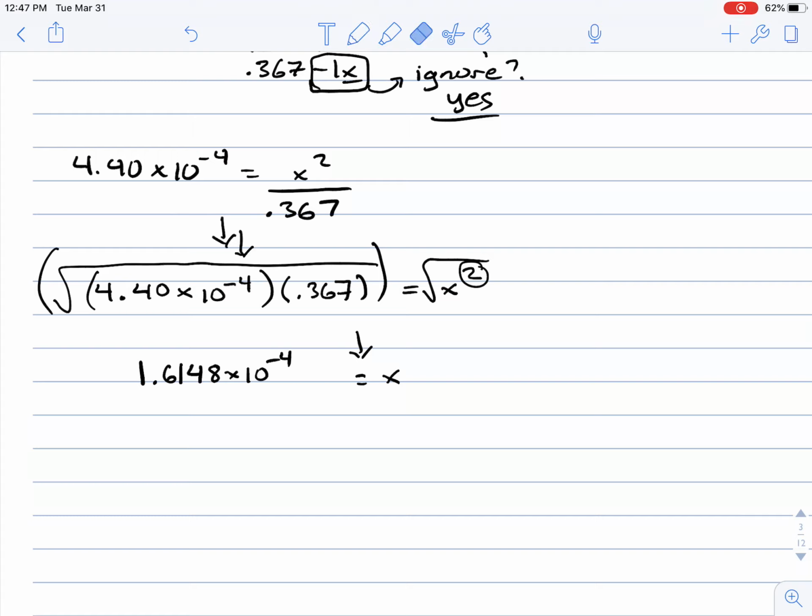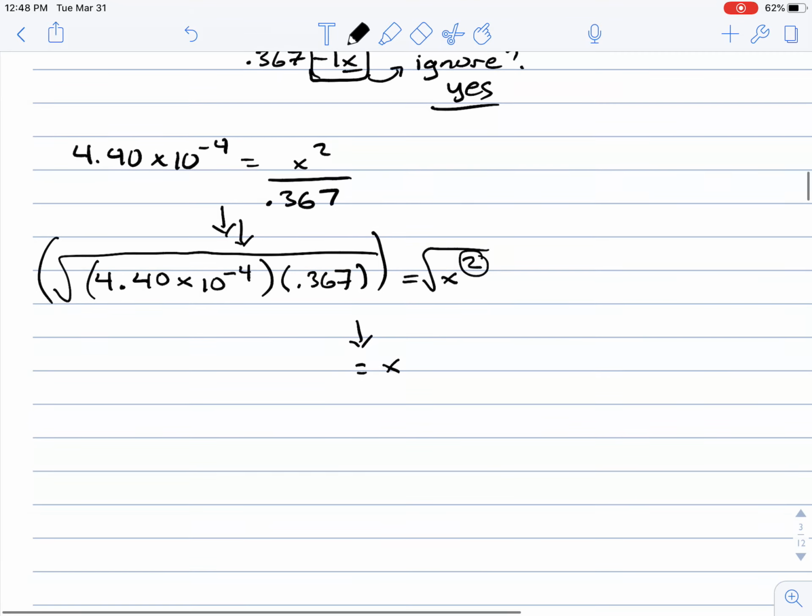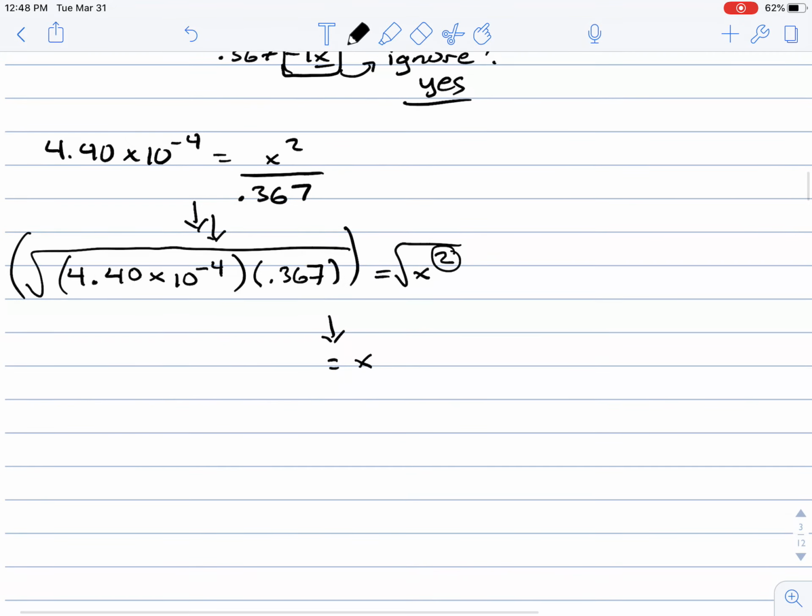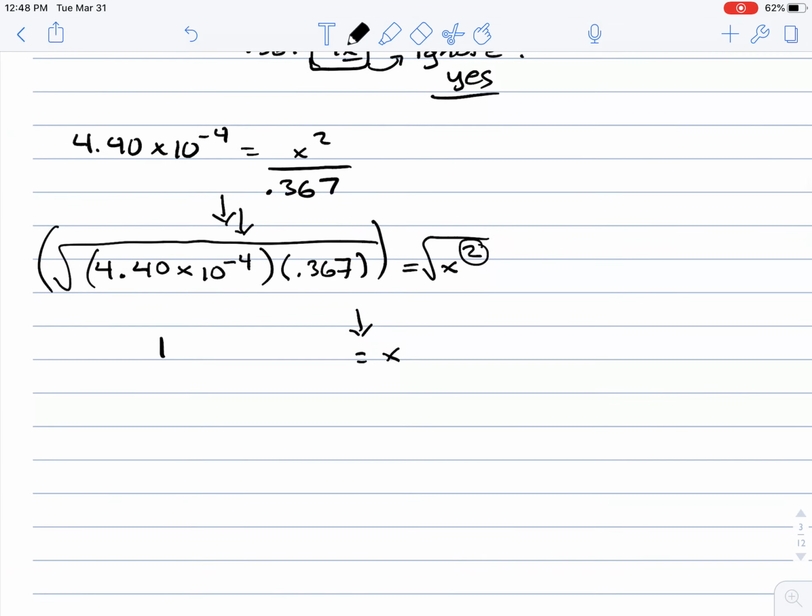Oh, I'm sorry. Wrong number. So that's going to be 1.27 times 10 to the negative 2. That previous number that I wrote was the result of the product between these two. But once you take the square root of what I just erased, you will get 1.27 times 10 to the negative 2.